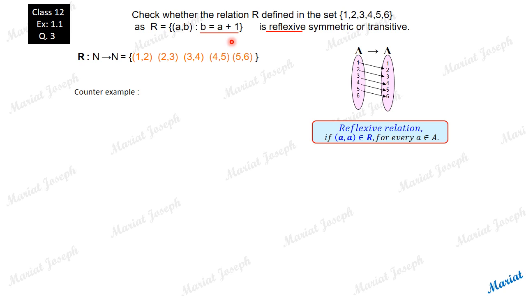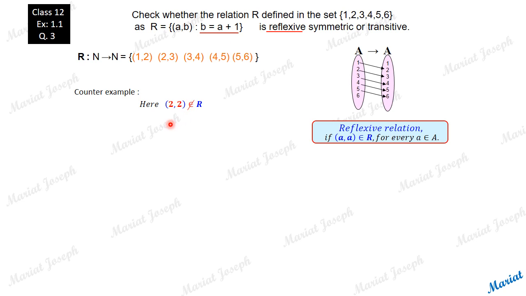We can just highlight any such element which should have been there in the relation to call it reflexive, but fails to be present in the relation. I am writing (2, 2) does not belong to R. I have a reason. (2, 2) does not belong to this relation because placing a as 2 and b as 2 in this equation, it's not coming true. 2 is equal to 2 plus 1 is not true.